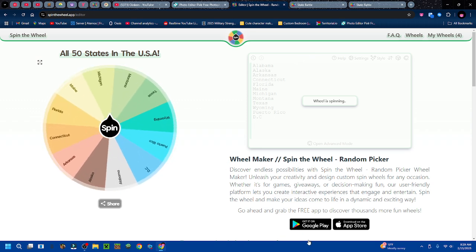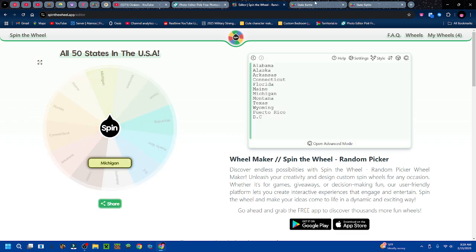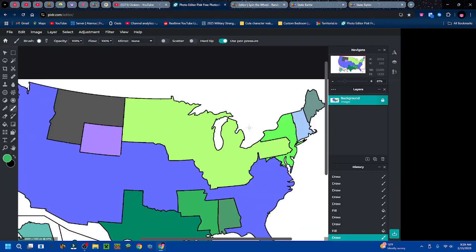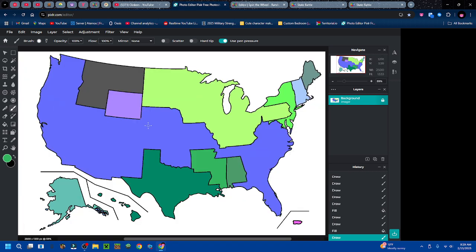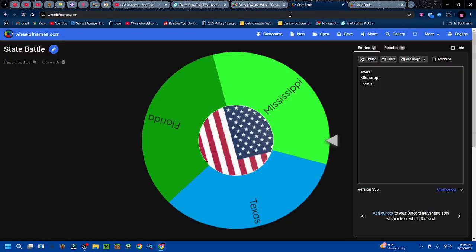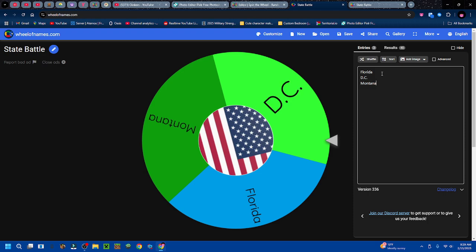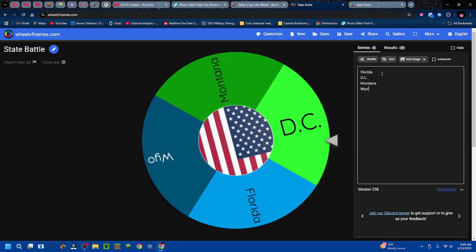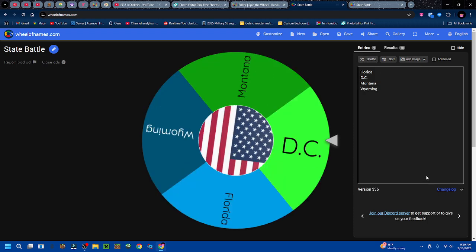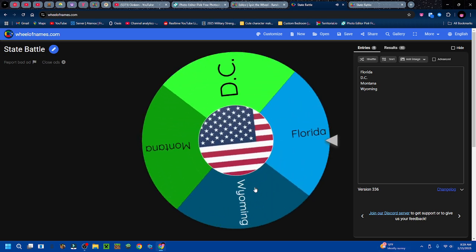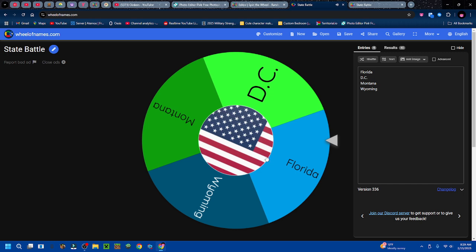But it looks like Michigan's going to be getting mad at someone. Who are they going to be attacking? They border DC, Florida, and Wyoming, Montana. Bam. So everyone who he borders is going to be going after Florida.